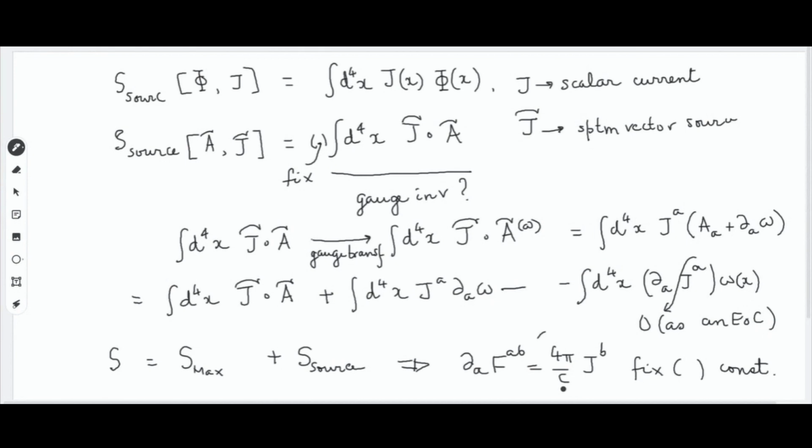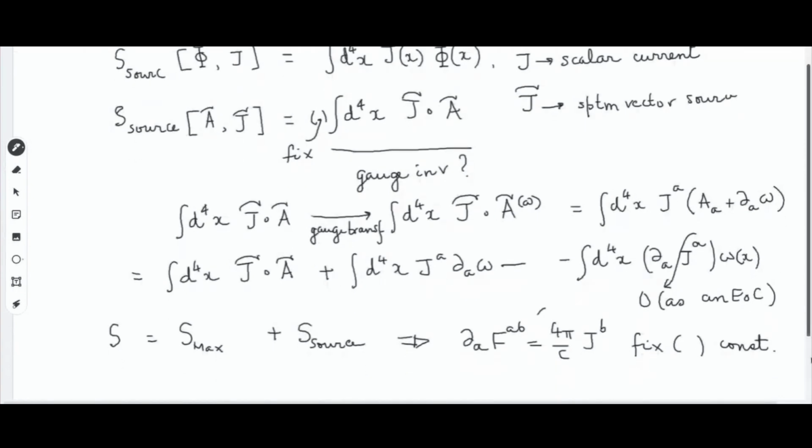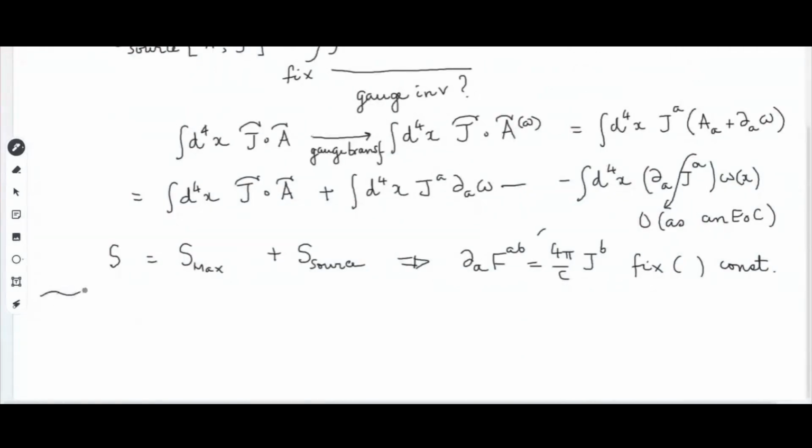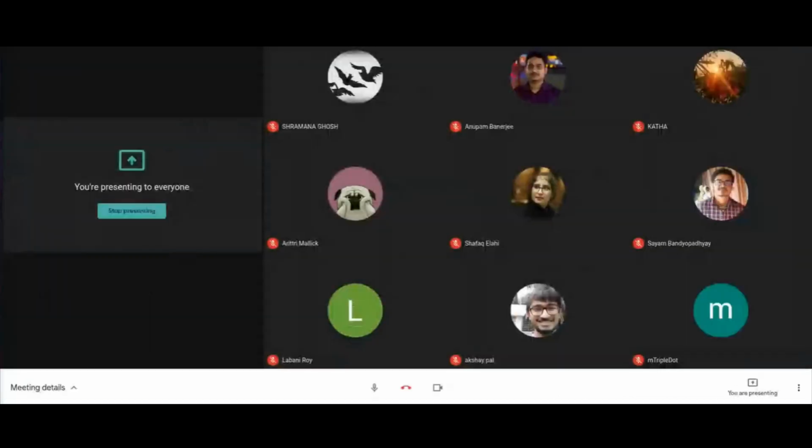Now, before I go on, I'd like to show you something. Last time, who was it asking about J? I forgot. Was it Akshay? One of you was asking about putting in a J, and you can see that the J has been put in with great ease, and the variation has led you to an equation of motion which is very simple and the expected one.